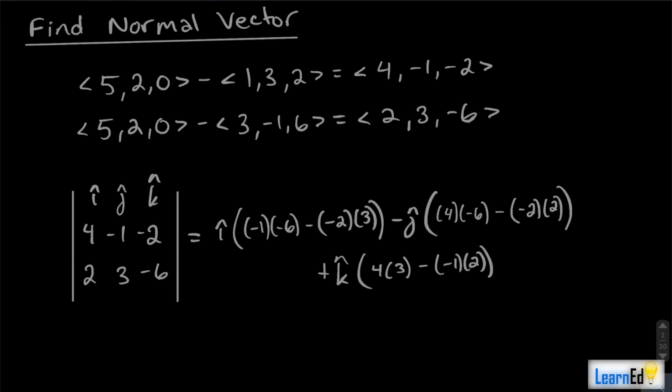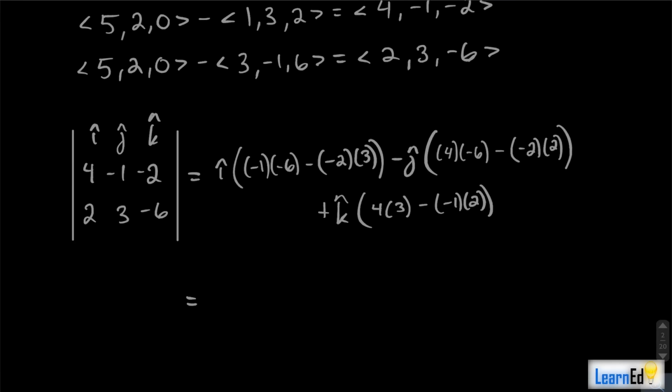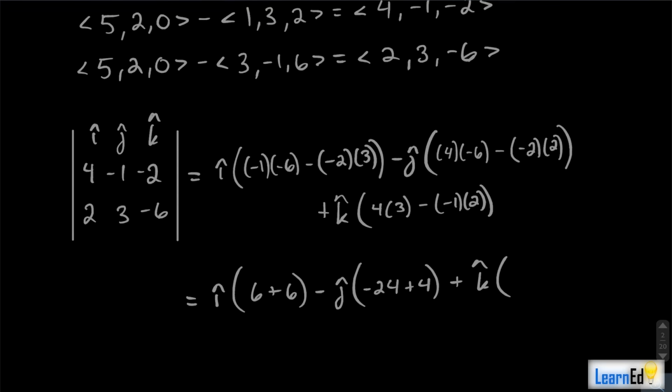All right, so simplifying that down, and I'm sure you probably skipped some steps if you tried this on your own beforehand. I'm just doing this all out for completeness's sake. I won't drag on like this too much. We're going to have a 6 plus 6 here. We're going to have minus j hat times, there's a -24 plus 4, and then we have plus k hat times, this is a 12 plus 2.